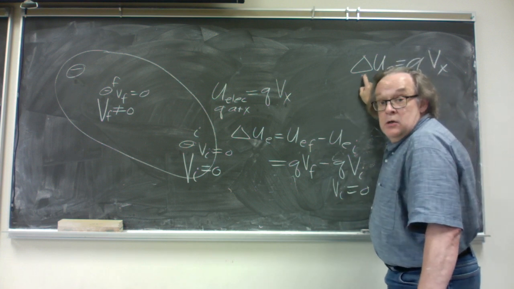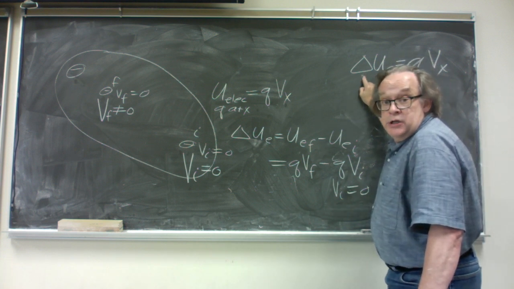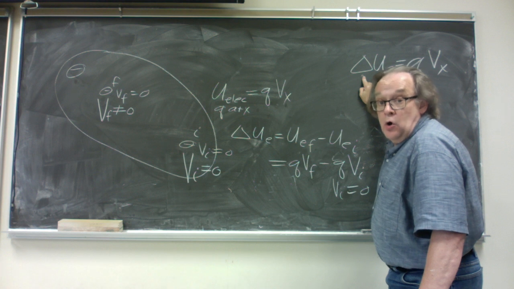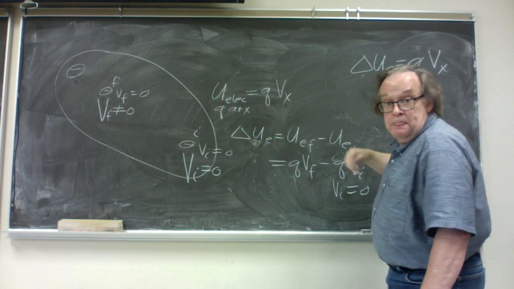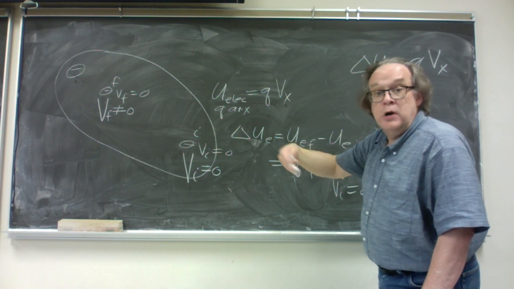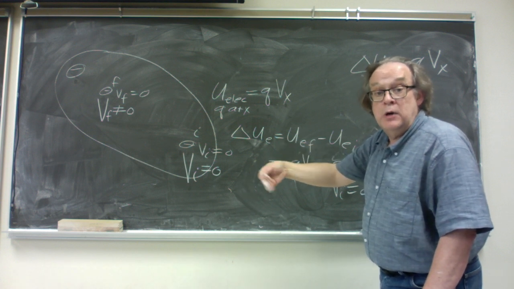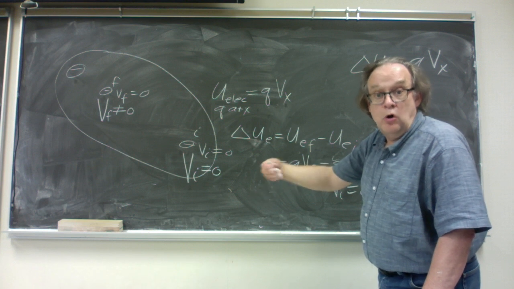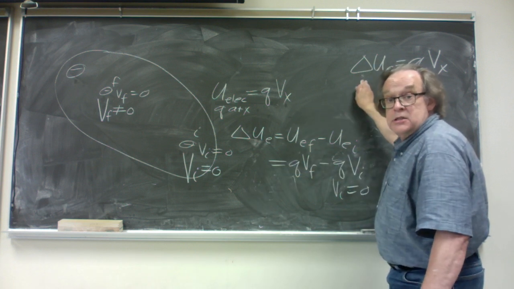But where did this gain in potential energy come from? It came from the work that was done. All of the work: the numerical value of work is equal to the numerical value of the energy change. And all of that work went into this.